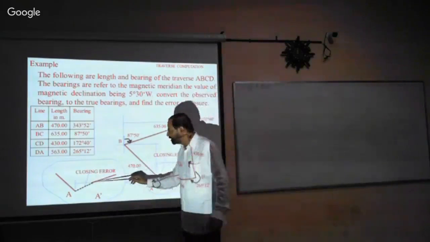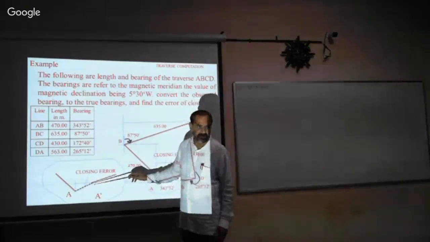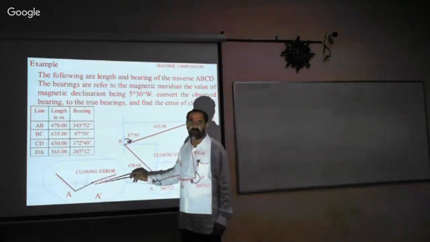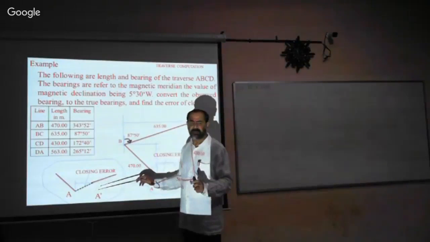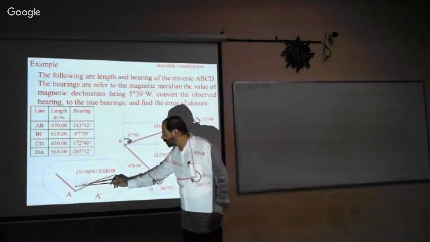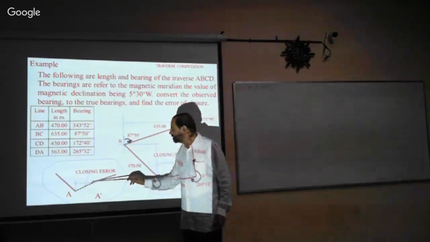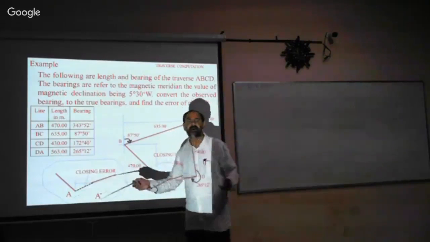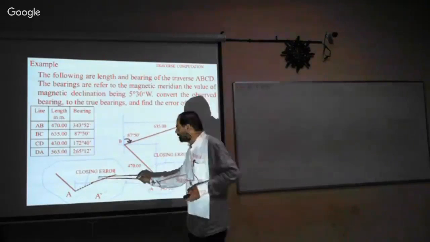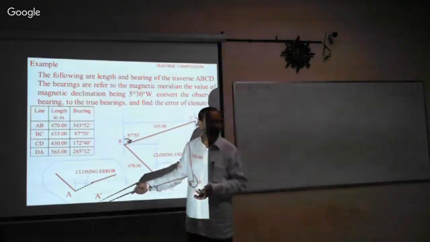The closing error in latitude is sigma L and in departure is sigma D. Our problem is solved. Now, where will you get this from?